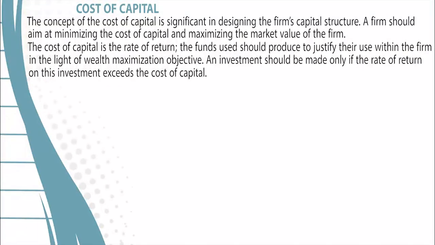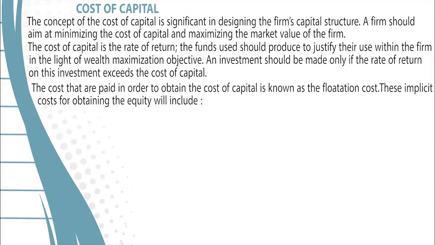But before we do that, I need to mention that the implicit costs, or the costs that are paid in order to obtain the capital, are known as the flotation cost, as I had mentioned earlier.